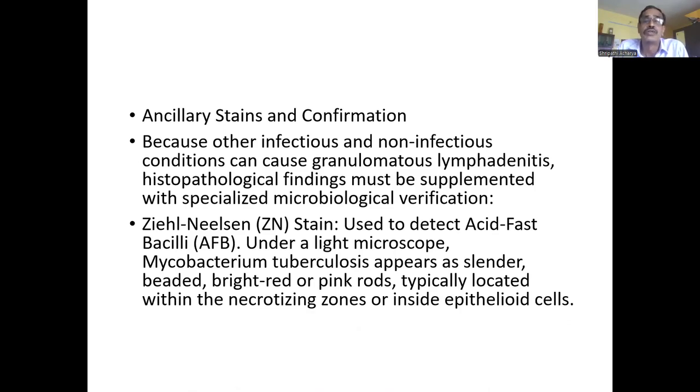Because other infectious and non-infectious conditions can cause granulomatous lymphadenitis, histopathological findings must be supplemented with specialized microbiological verification. Ziehl-Neelsen stain is used to detect acid-fast bacilli. Under light microscope, Mycobacterium tuberculosis appears as slender, beaded, bright red or pink rods, typically located within the necrotizing zones or inside epithelial cells.